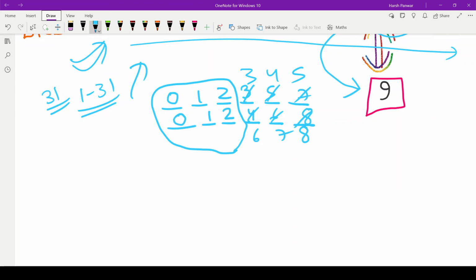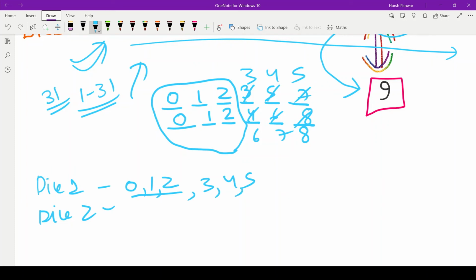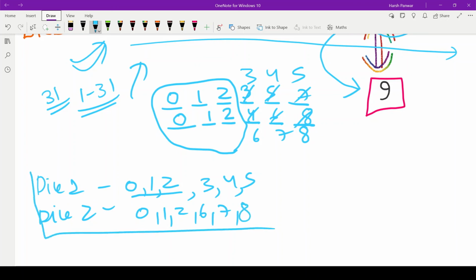A few possible solutions are that dice 1 and dice 2 be numbered as 0, 1, 2 because they have to be present everywhere. So 3, 4, 5 is the dice 1 representation, and dice 2 will be 0, 1, 2, 6, 7, 8. So using this combination, we can represent all the 31 days of the month.